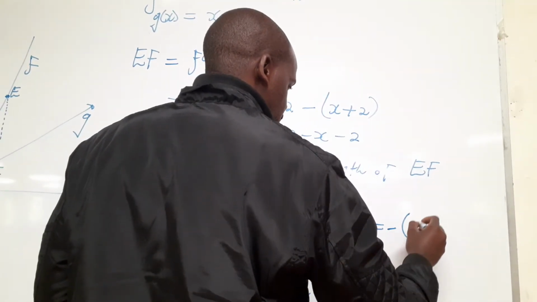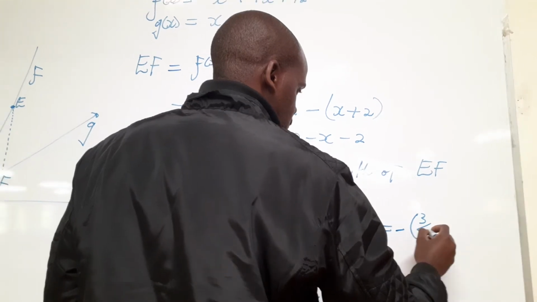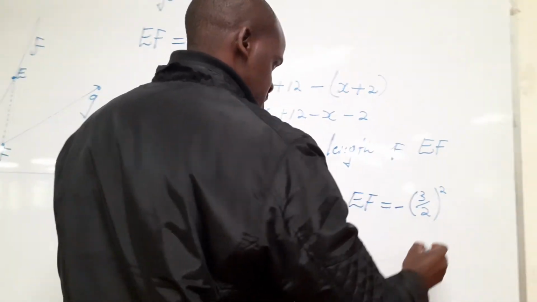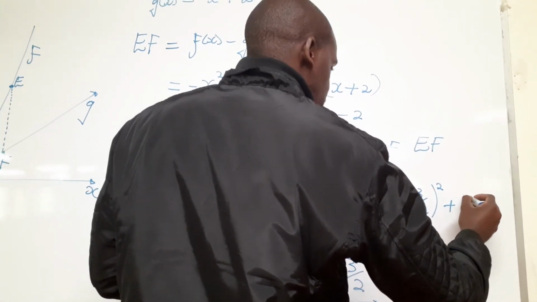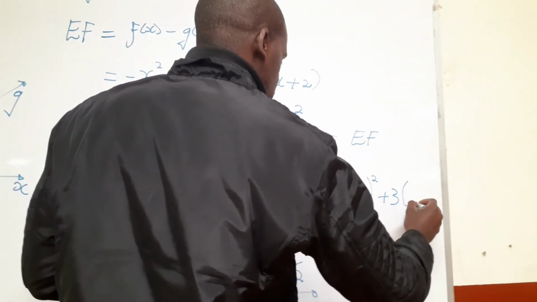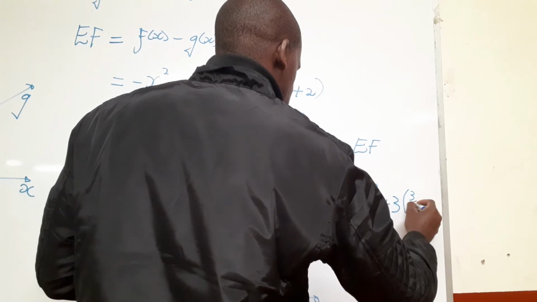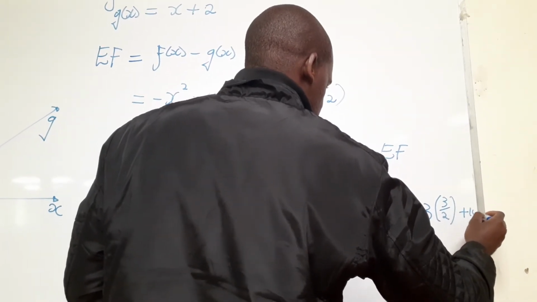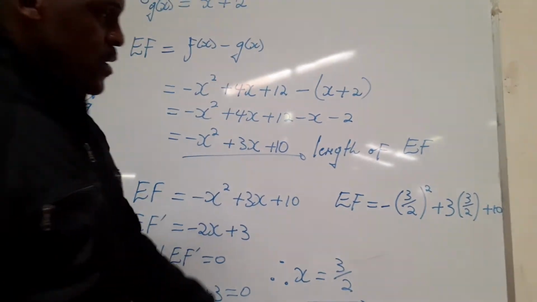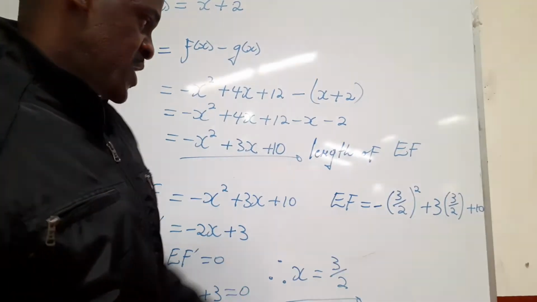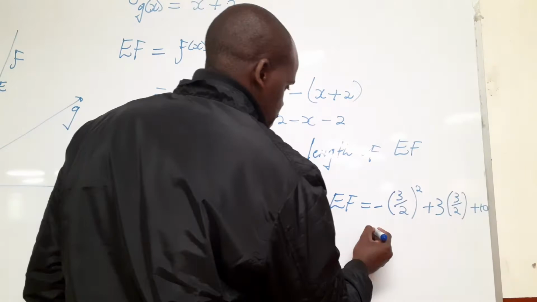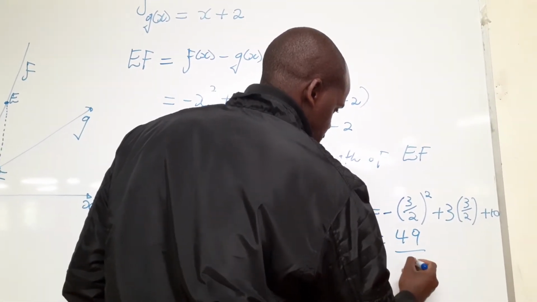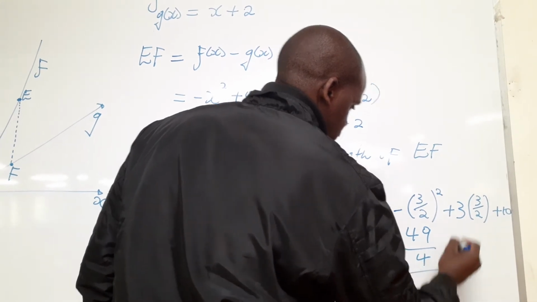It's minus 3 over 2 squared, plus 3 times 3 over 2, plus 10. The answer will be 49 over 4.